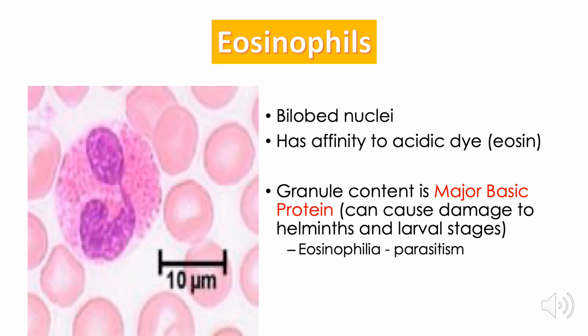If the granules of neutrophils contain digestive enzymes, the granules of eosinophils primarily contain major basic protein, and this chemical can be damaging to parasites, especially the adult and larval stages. So expect that the count of eosinophil will go high if the person has parasitism.